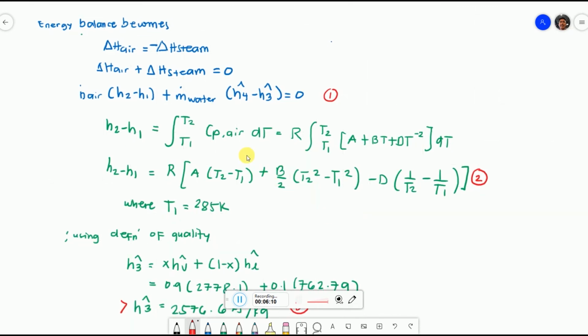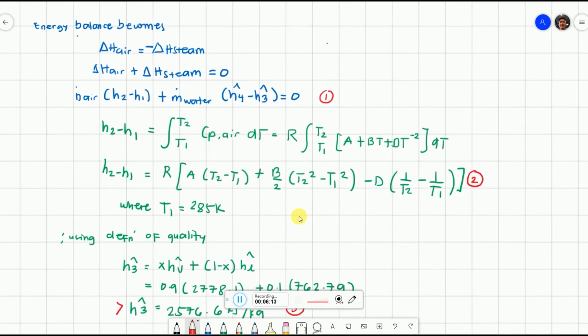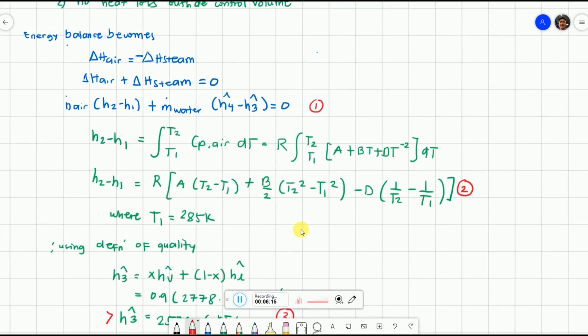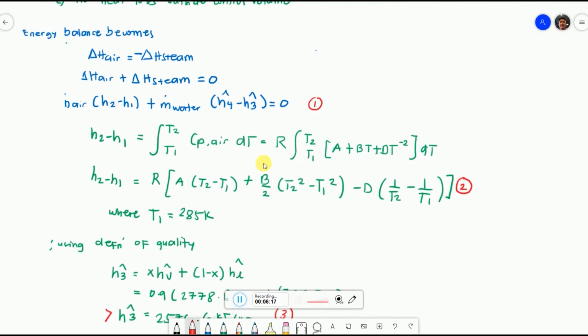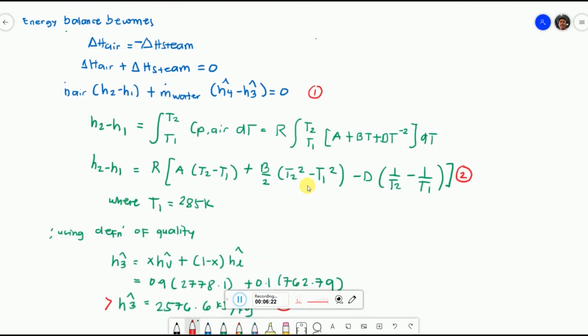Then we use the same expression for Cp air for S2 minus S1, to give us this expression. Then by integration, we get this expression labeled as 2.